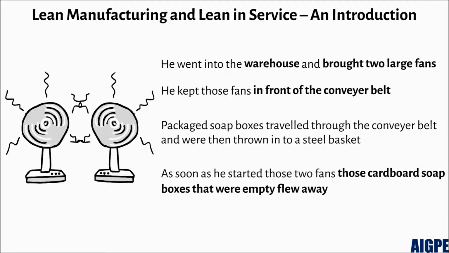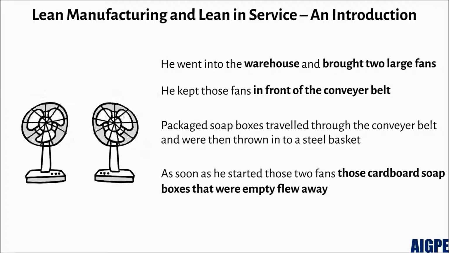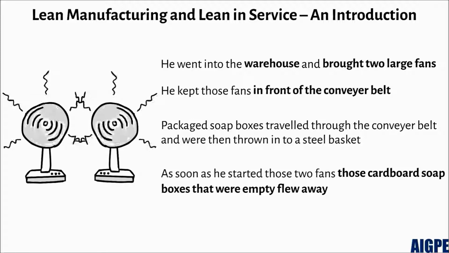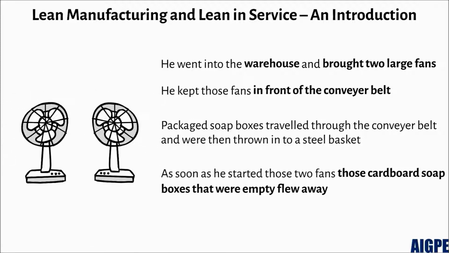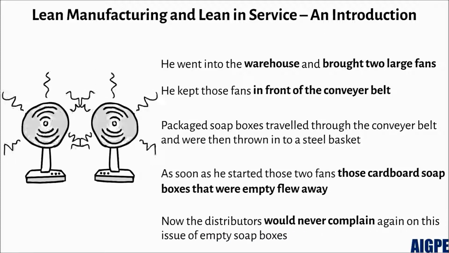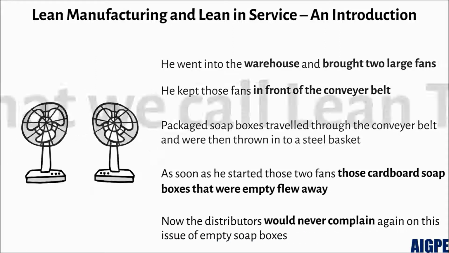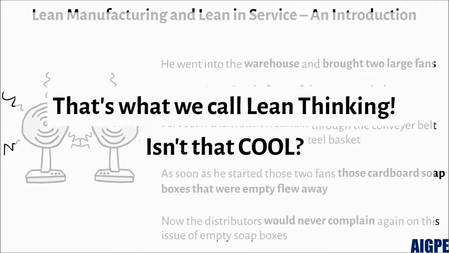As soon as he started those two fans, those cardboard boxes that were empty flew away, eliminating the chance of transporting empty soap boxes. Now the distributors would never complain again on this issue. That's what we call lean thinking. Isn't that cool?